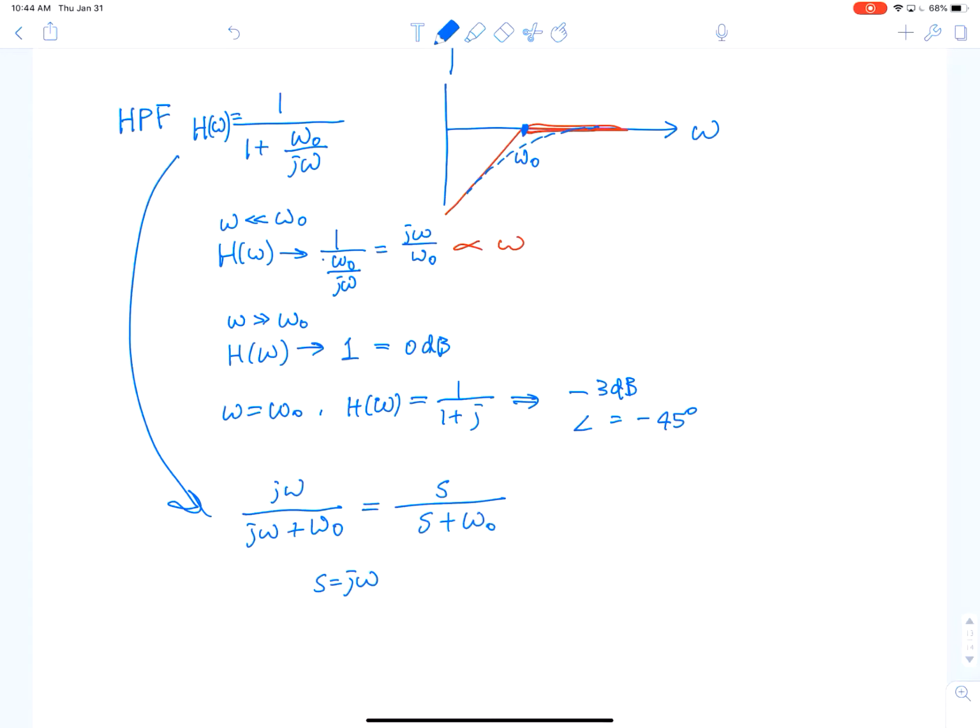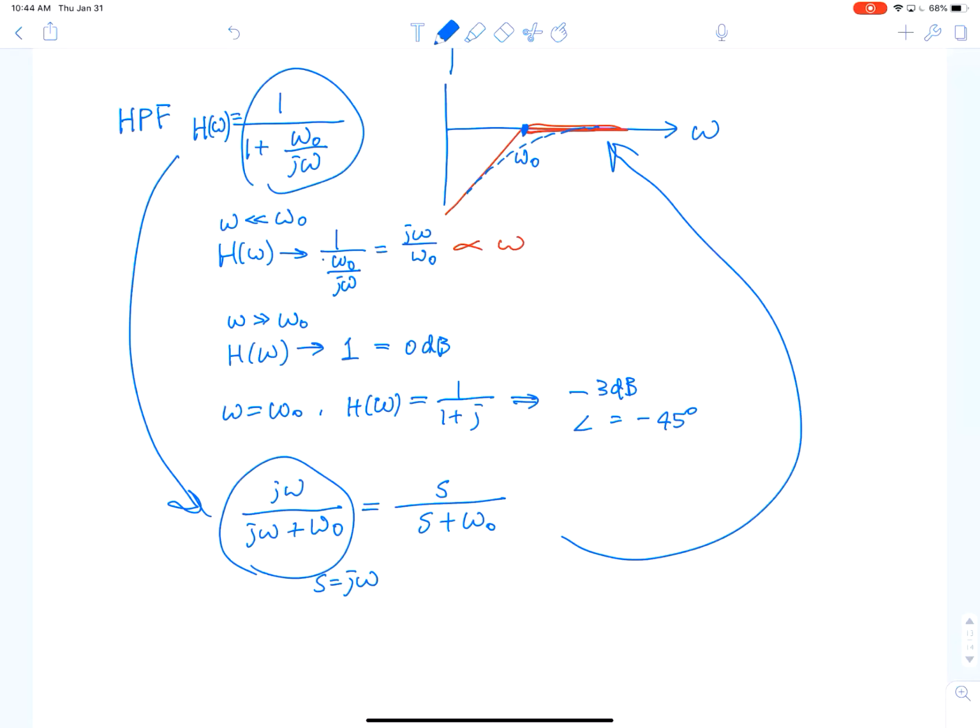That's a high-pass filter also. And again, you don't need to really solve it. If you put it in this canonical form, you know this is that. Whether you use this form or this form, it's up to you. Just pick one and stick to it. Don't change back and forth. Then you won't confuse yourself.